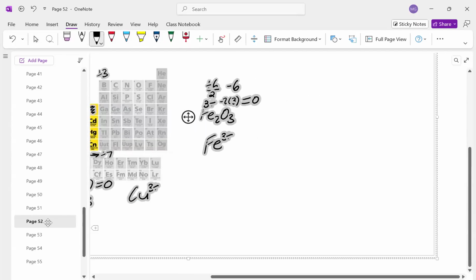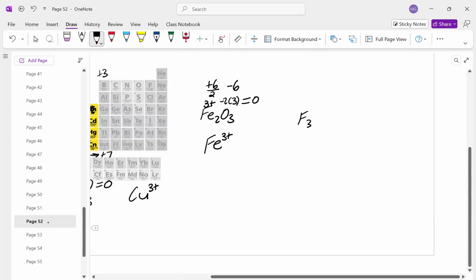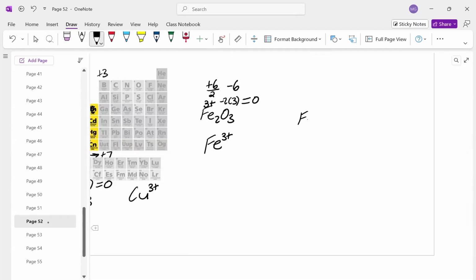Let's look at one more. So iron nitride. Okay, so first concept I have to remember, since this is not an ion, it's neutral, all the charges have to add up to 0. Well, nitrogen is usually -3, and I have 4 of them.